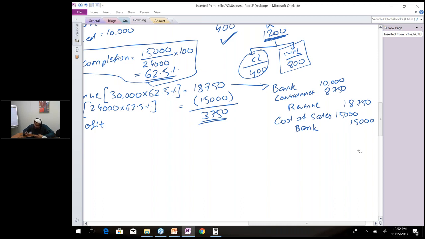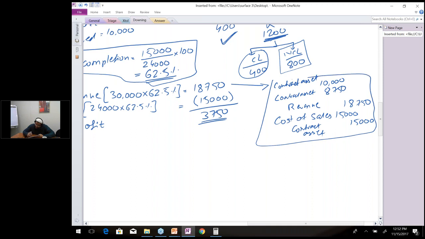Now what we will do is instead of bank, we are going to write the contract asset that the question has already given, because the bank would have been recorded already in the contract asset. So the entry will become revenue credit, contract asset debit, and cost of sales debit, contract asset credit.